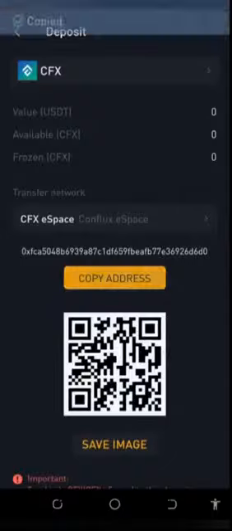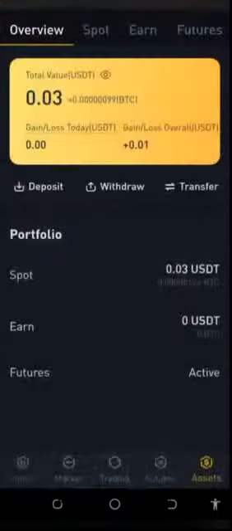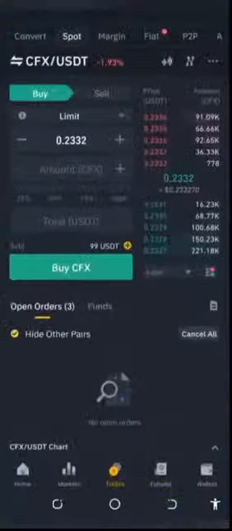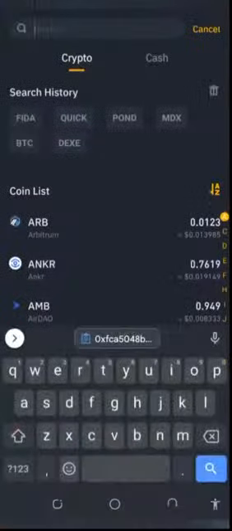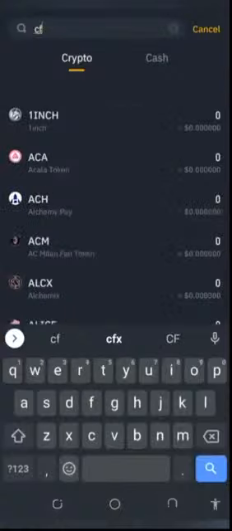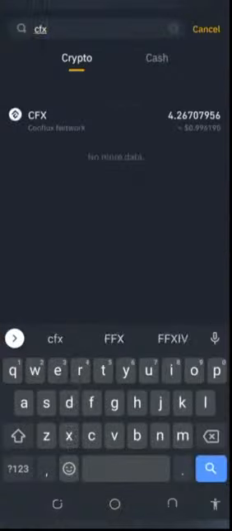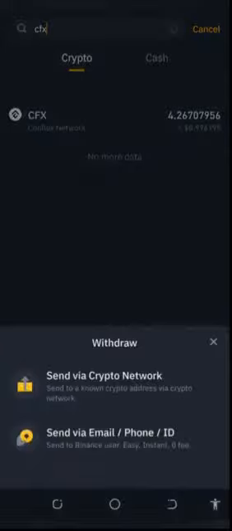Okay, so let's copy it, and then we will go back and withdraw. Let's withdraw. So we check on our CFX. All right, we just have 4.26.